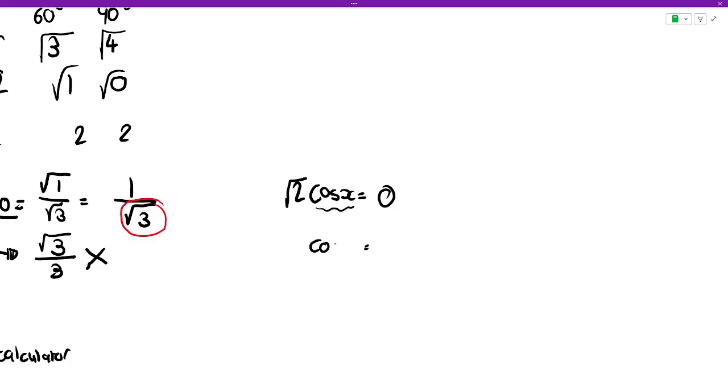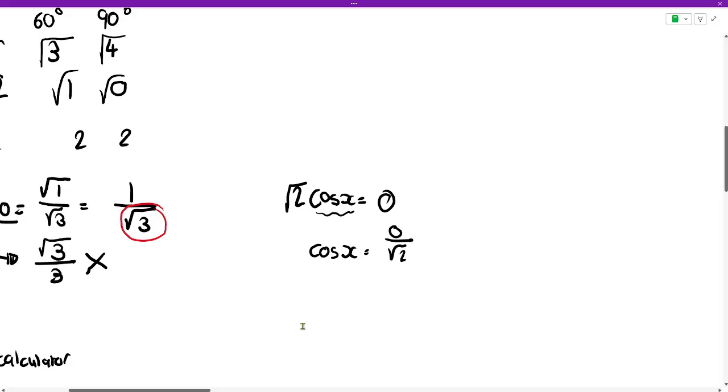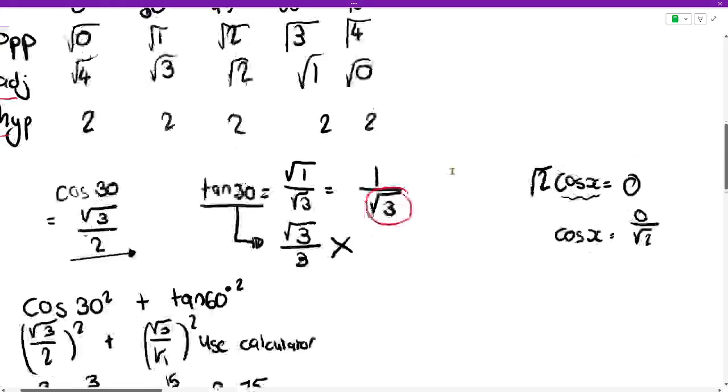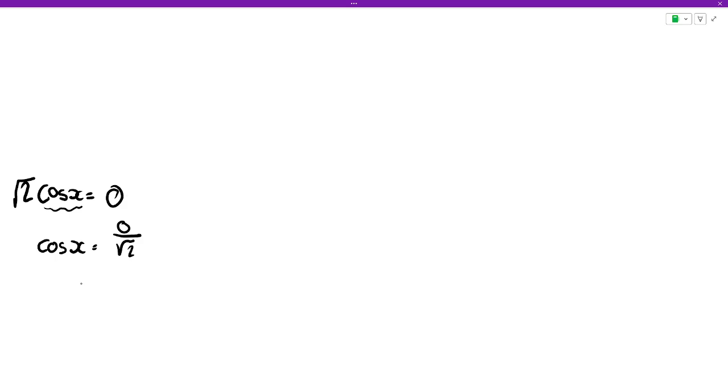So you're going to say cos x, dividing both sides by root 2. That's 0 over root 2. From our special angle table, 0 over root 2, and it has to be cos, so adjacent over hypotenuse. That means it's 90 degrees. So therefore, x is 90 degrees in this case.